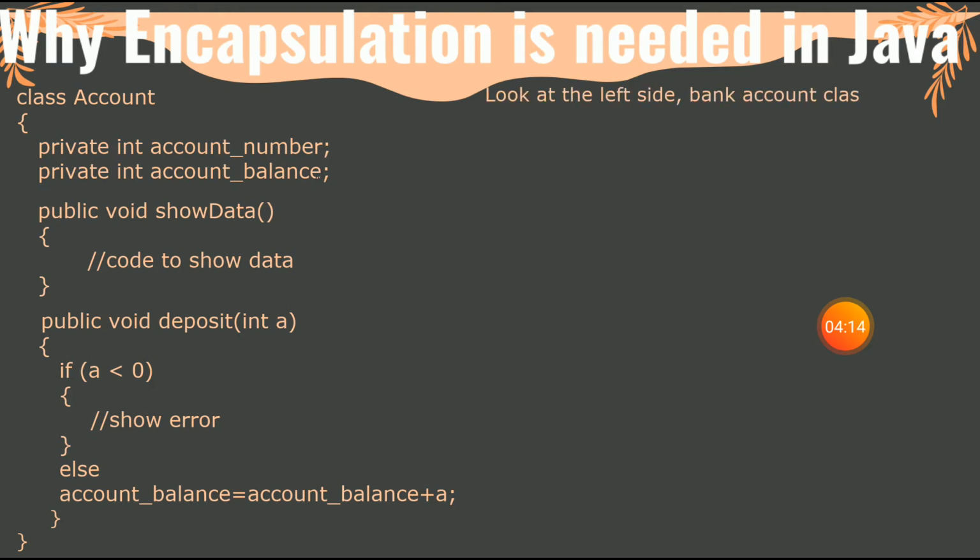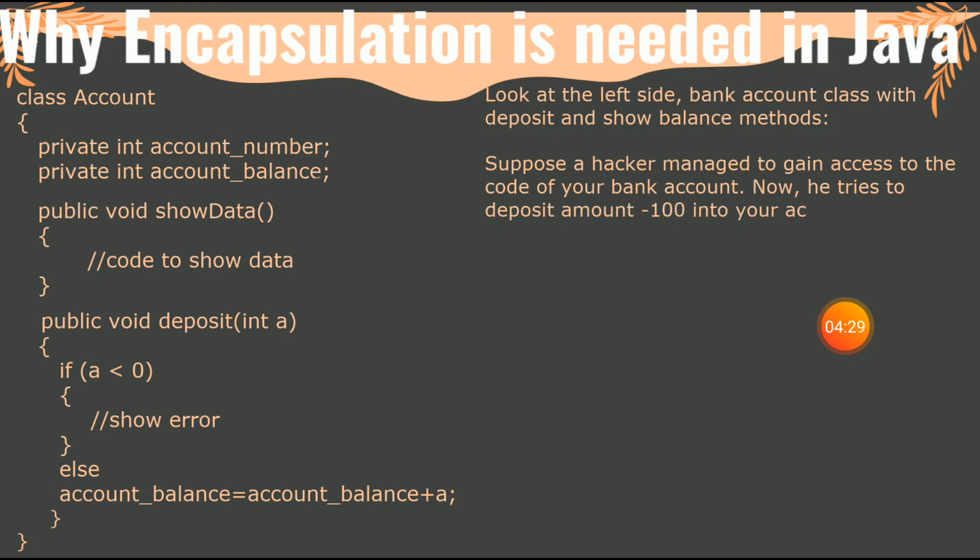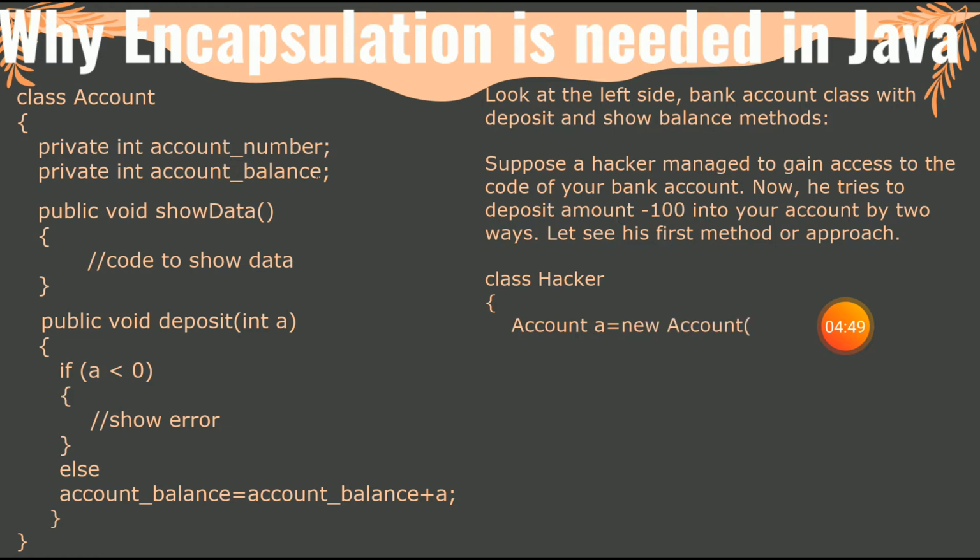Look at the left side, that program, a bank account class with deposit and show balance methods. Suppose a hacker managed to gain access to the code of your bank account. Now he tries to deposit an amount of -100 into your account in two ways. Let's see his first approach. Suppose a class hacker is created, and then he is going to deposit the money.